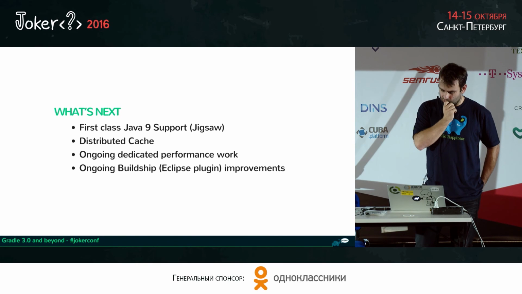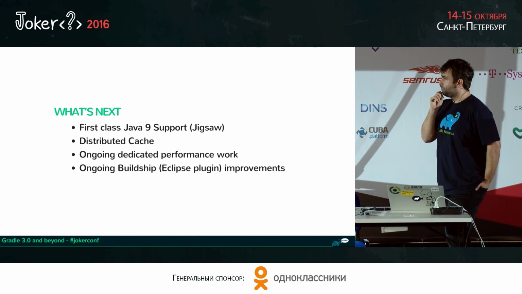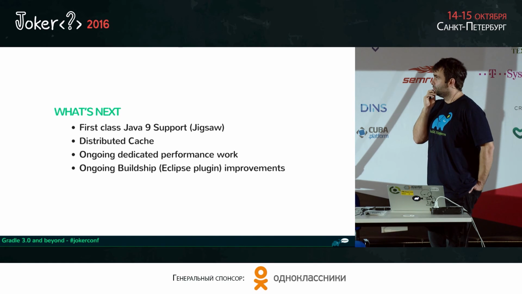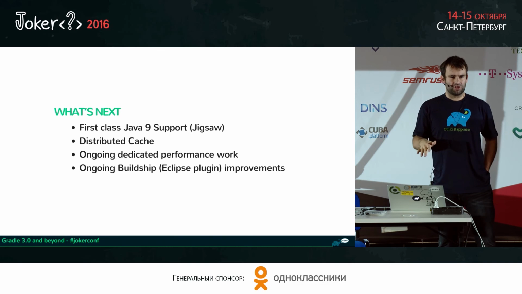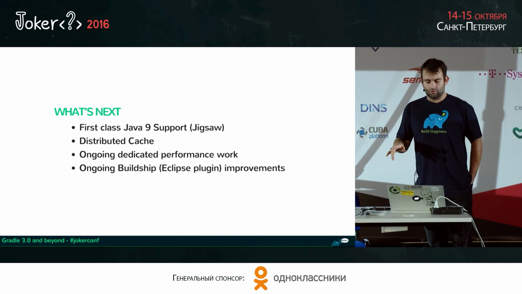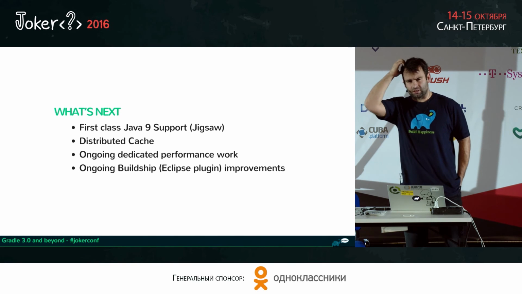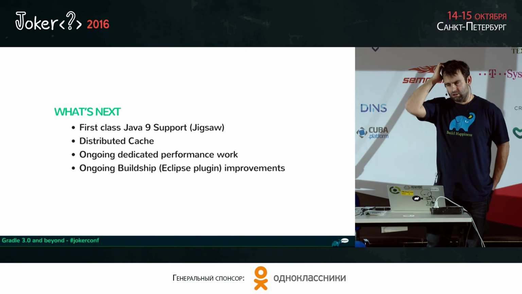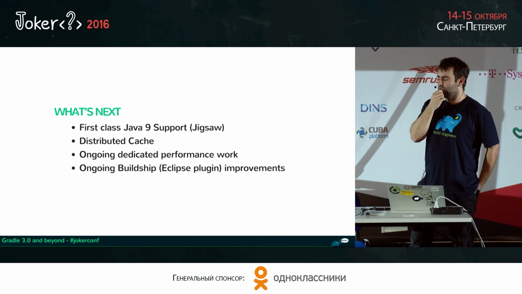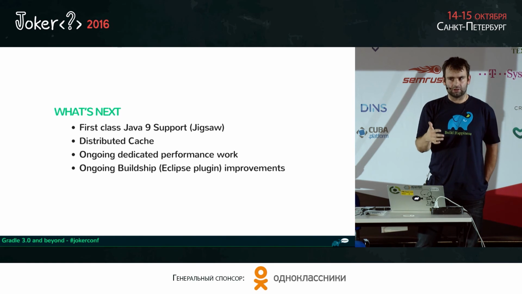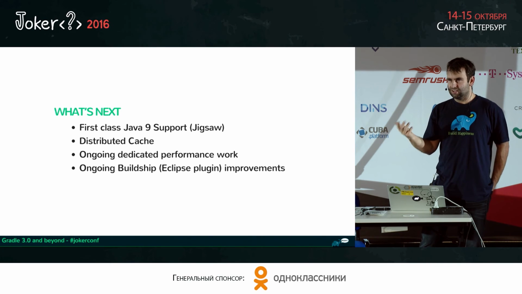What's next, or what are we working on? We have plans, or basically already an implementation, to support Jigsaw in a way that makes migration easy. I don't have time to cover it in detail, but there's a talk by Cedric online, on our YouTube channel I think, which explains the migration path of using Gradle to migrate to Jigsaw without even needing Jigsaw.